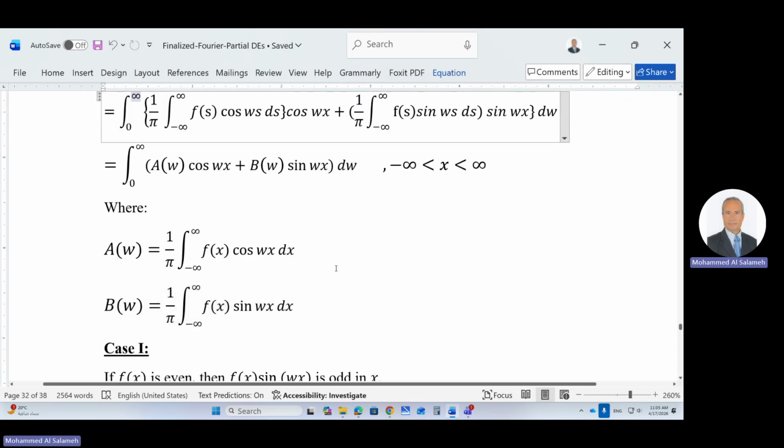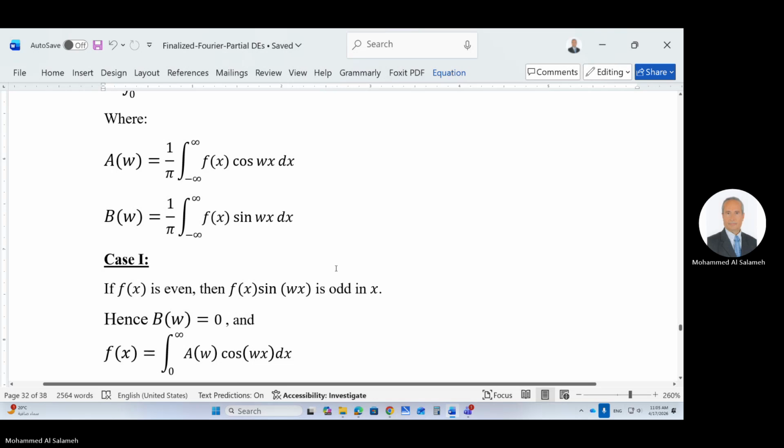So this is the Fourier integral. We have different cases. If f of x is even, as we explained in the Fourier series, we multiply by 2 and take half the interval. So it is from 0 to infinity and multiply by 2.